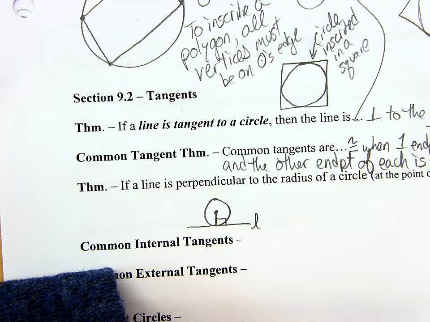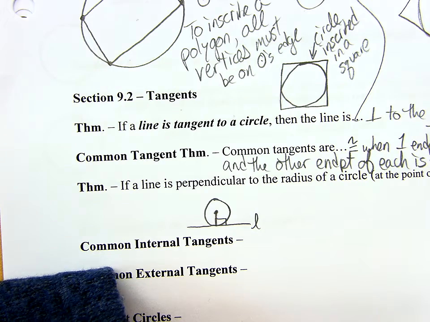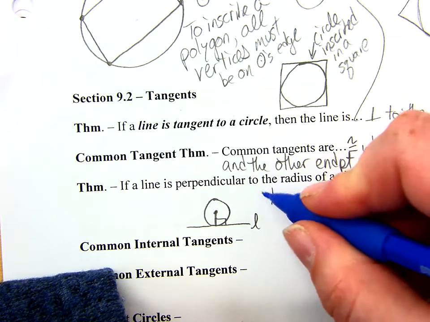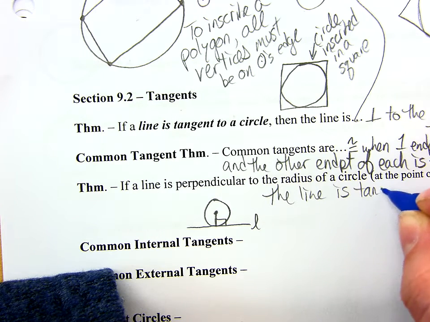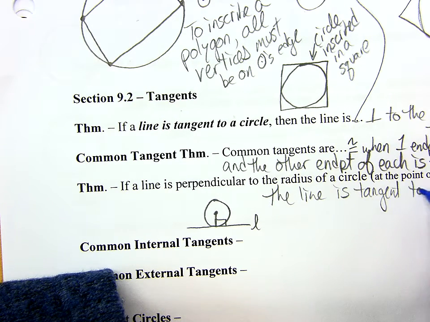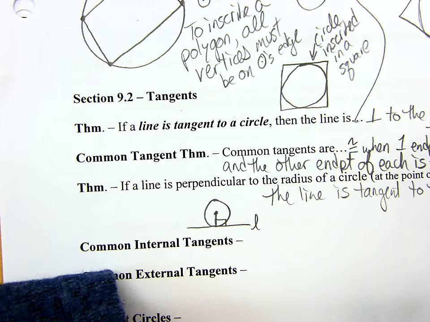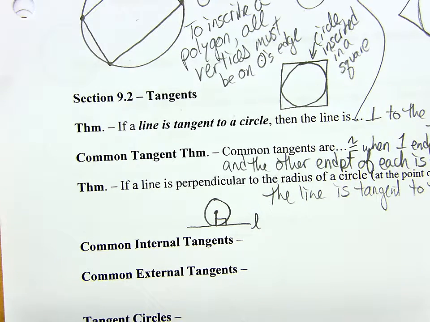That's all it's saying. So if a line is perpendicular to the radius or diameter of a circle at the point of tangency, then the line is tangent to the circle. That one's kind of self-explanatory, I think.